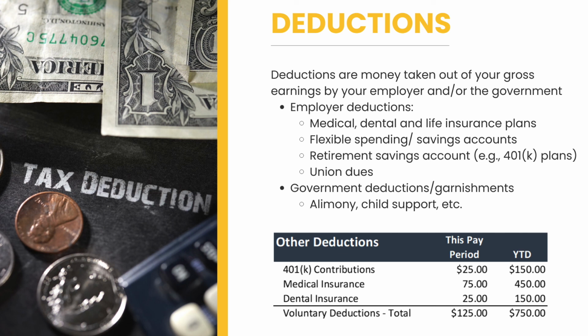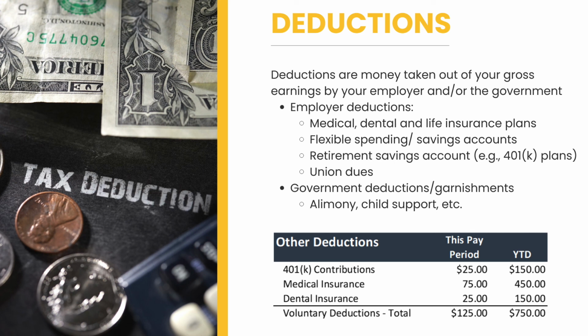The second category of deductions relates to garnishments or pay reductions for alimony and child support. These are generally deductions that are taken out by the government or for other financial related situations.